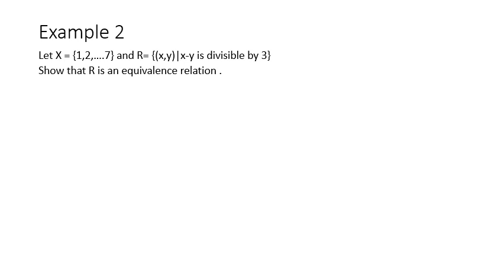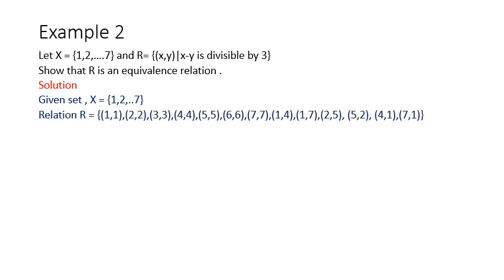So, in order to prove that R is an equivalence relation, it is enough to prove that it is reflexive, symmetric and transitive. So, let the given set X be {1, 2, ..., 7} and then the relation R we can write as ordered pairs (1, 1), (2, 2), (3, 3), (4, 4), etc., up to (7, 7). Then we may take (1, 4), whose difference is -3, which is divisible by 3.